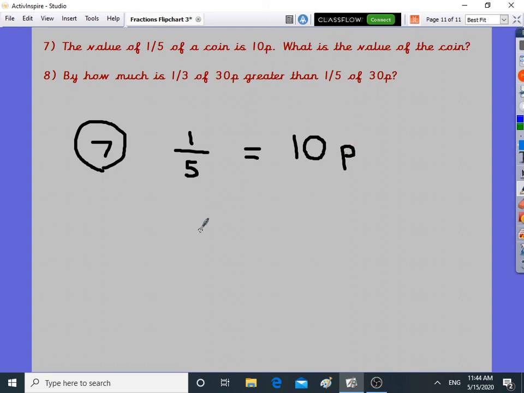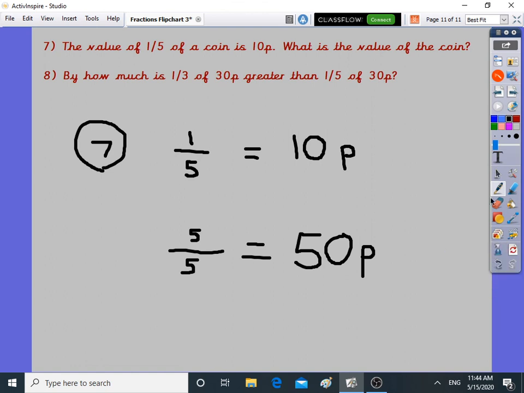Well, we want the whole coin, so we want 5/5. We want all the fifths to have the whole coin. So if 1/5 is 10, but we want 5/5, we have to get the 10 and times it by 5. 10 times 5. 10 and 20, 30 and 40, 50. See how much the songs come up in these questions. So what is the value of the coin? 50p.